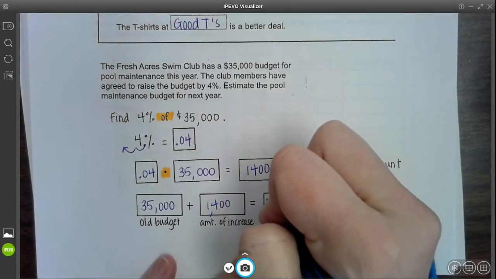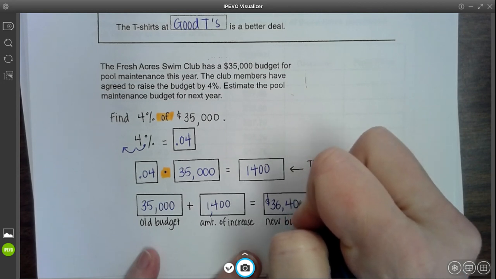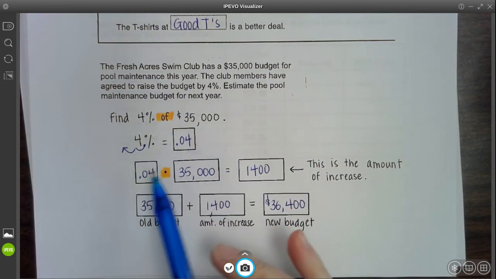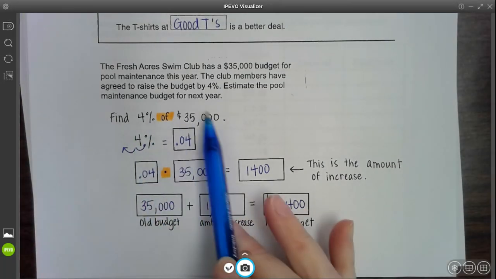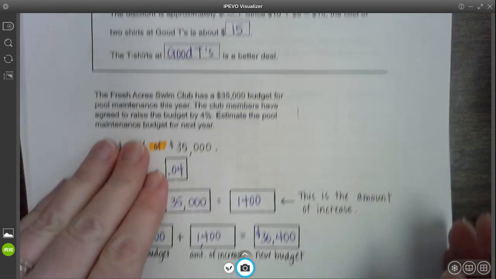Okay, and in the end, that's going to give us our new pool budget, which is $36,400. Okay, so in this case, we have to figure out percent of a number by multiplying, and then we have to add that on to the original value to figure out the new amount.